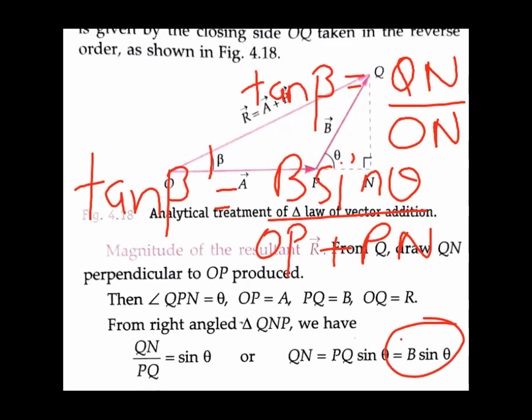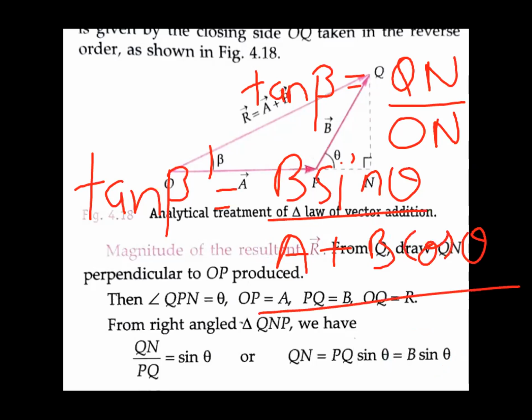Now this is the direction. Right children? So instead of OP, we will substitute vector A because OP is vector A. And instead of PN, we will substitute its value, B cos theta. So substituting the values of theta and vectors A and B, we will get the direction of the resultant vector. Right children? So this is it.